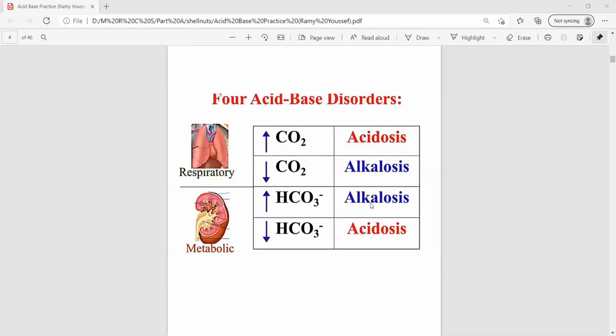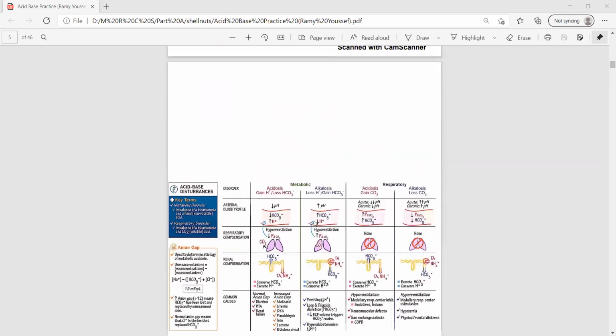Again, CO2 more is acidosis, CO2 less is alkalosis. The lung is responsible for the respiratory. The metabolic condition is the kidney's responsibility. As we have more HCO3, we have alkalosis. We have less HCO3, we have acidosis.